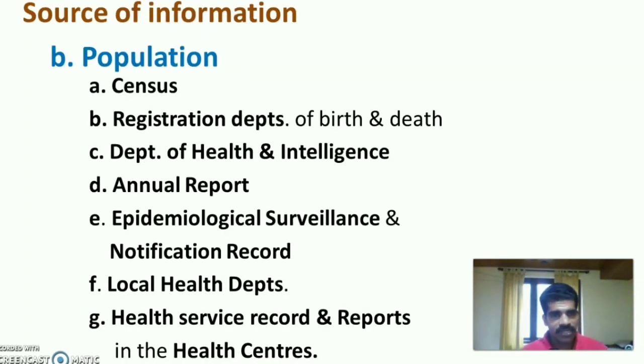Source of information regarding population could be available from census, registered departments of birth and death, Department of Health, annual report of the community, epidemiological surveillance report or record, and notification record, local health departments, and from health service records and reports in the health centers such as sub-center, primary health center, community health center, etc.